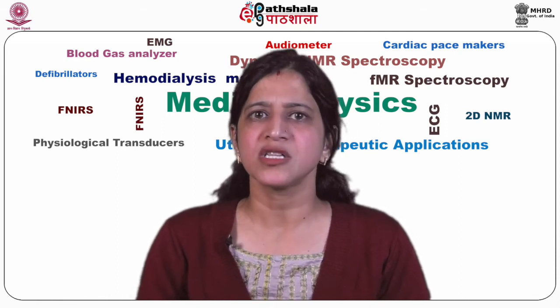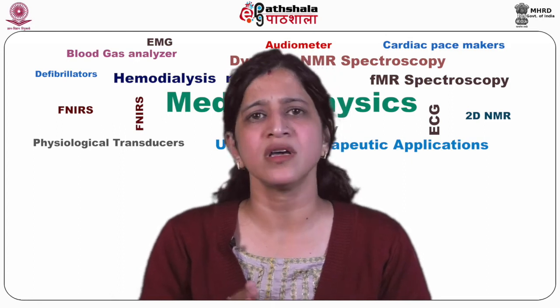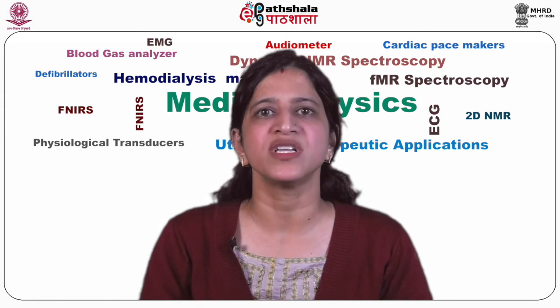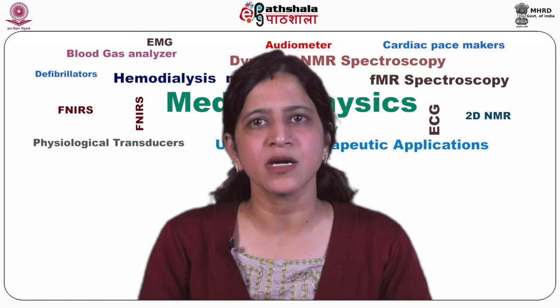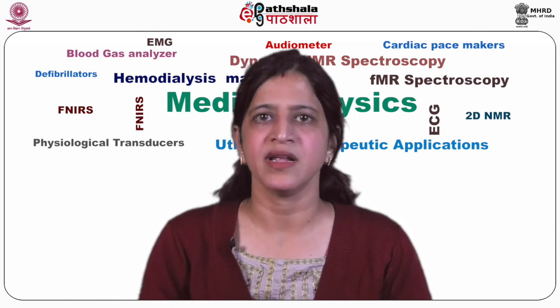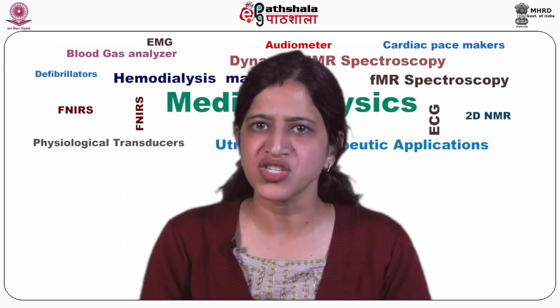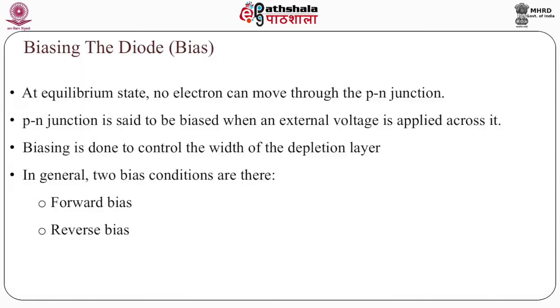In a bias condition, the width of the depletion layer changes with respect to the applied voltage, and by increasing this voltage you can increase the amount of current flow also. So depending upon how much voltage you have applied, and in what form it is applied to the PN junction diode, the width of the depletion layer can be modified.